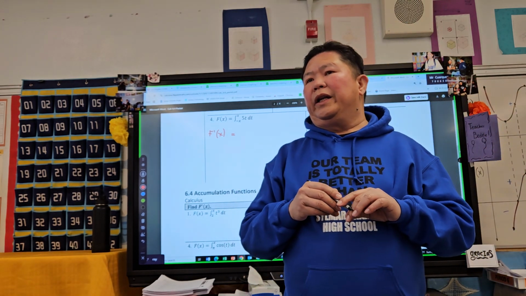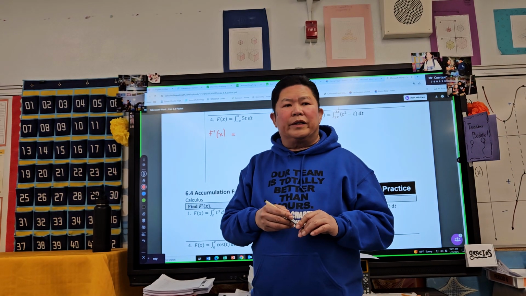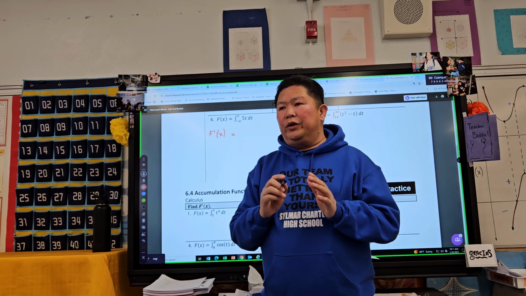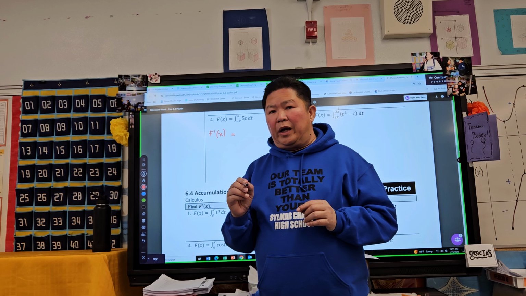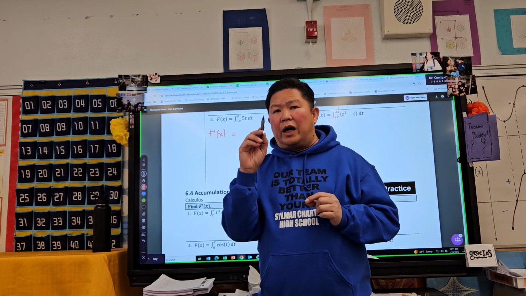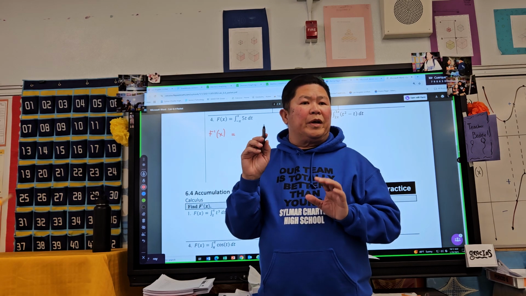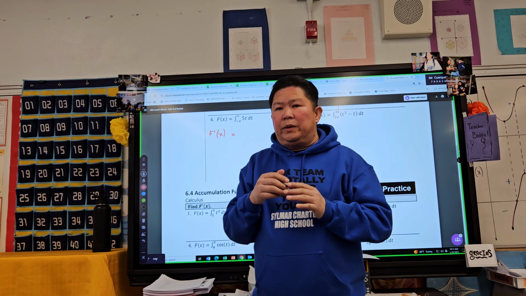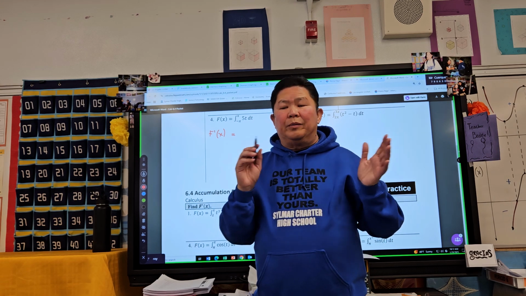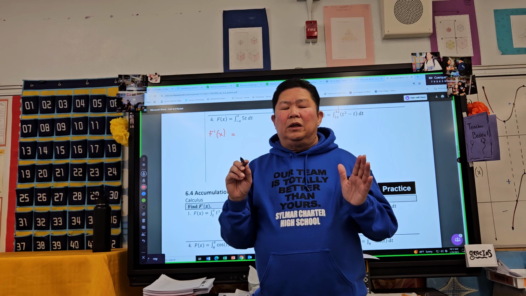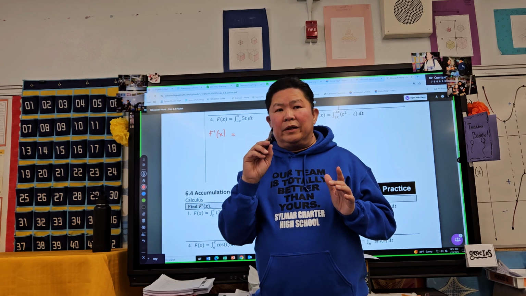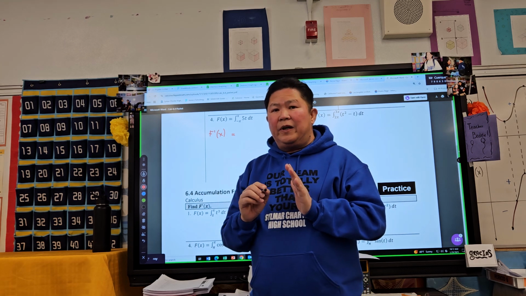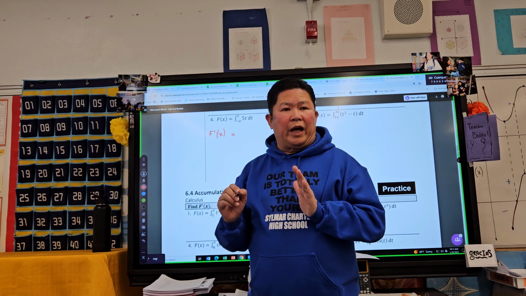And when you encounter the word approximate or estimate, you first write the approximation sign, and only then is it safe to write the equal sign.